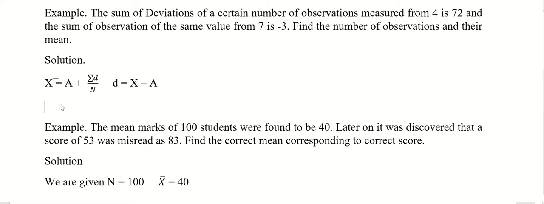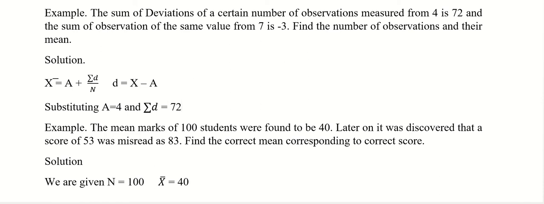The first situation given to us is if A is 4 and the sum of deviation is 72. So substituting A is 4 and the sum of deviation is 72. This is the first situation given to us.